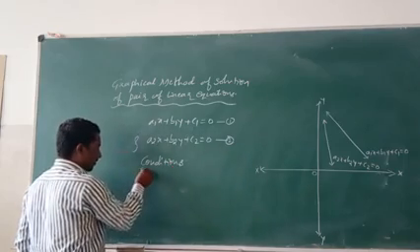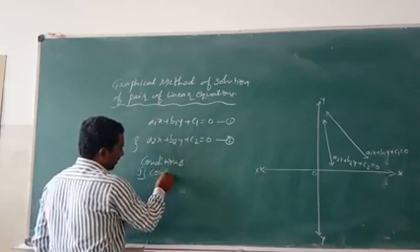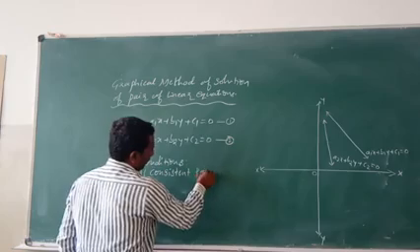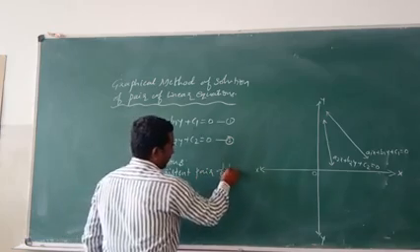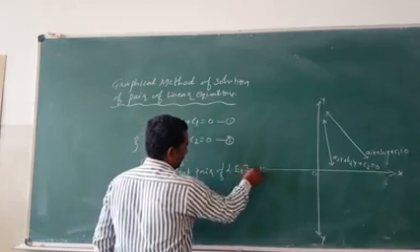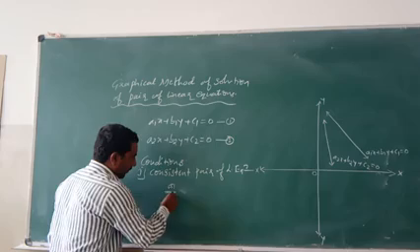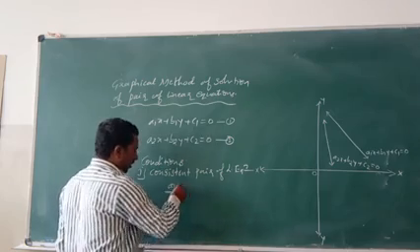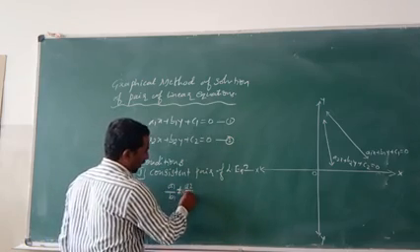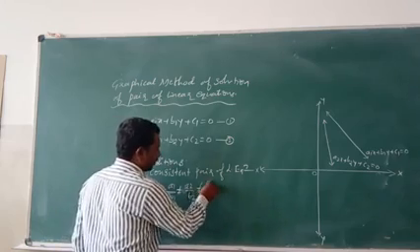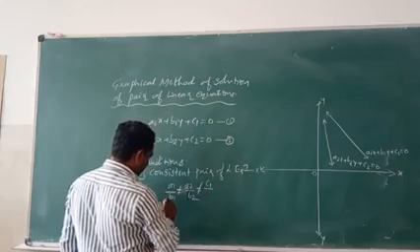First one is consistent pair of linear equations. Its condition is a1 by b1 is not equals to a2 by b2 is not equals to c1 by c2.